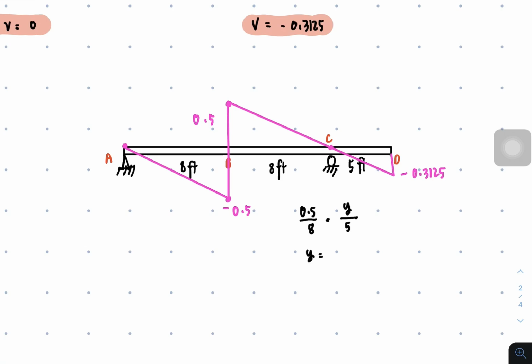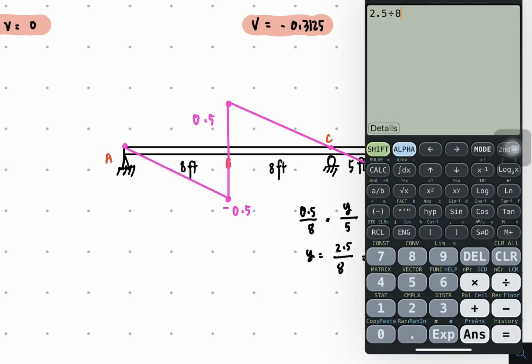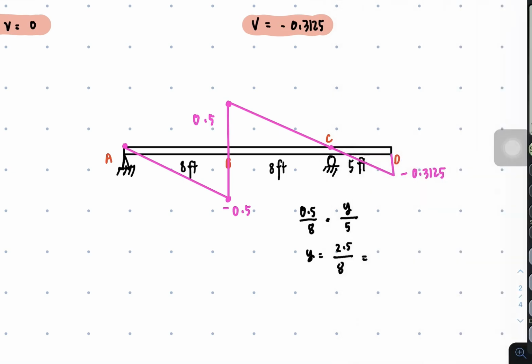So therefore y is 2.5 over 8. But what is 2.5 over 8? That's 0.3125. But of course, you have to decide what the sign is, whether it's positive or negative. So it's really all up to you on how to check that.